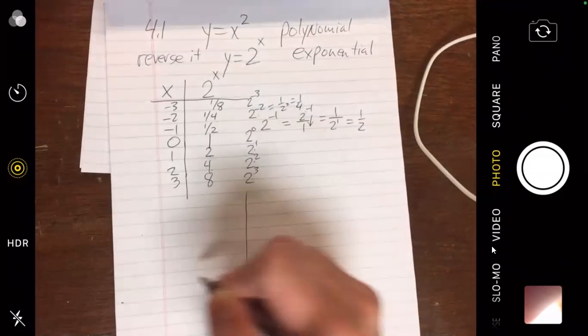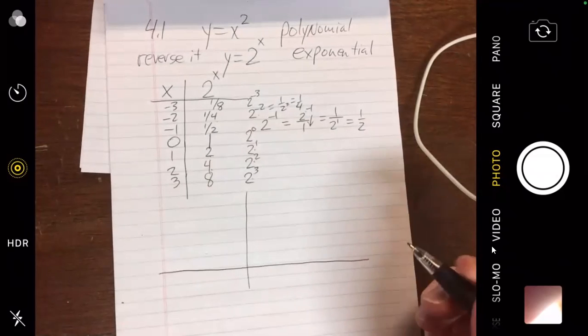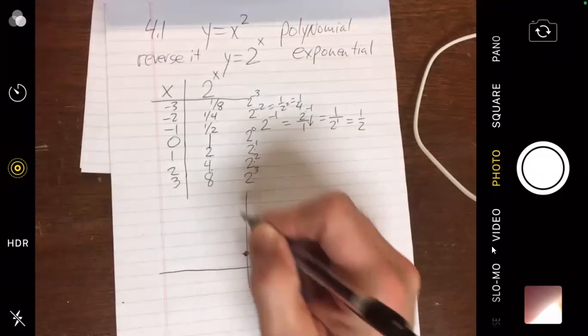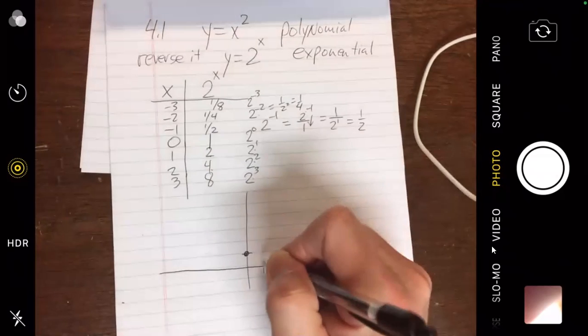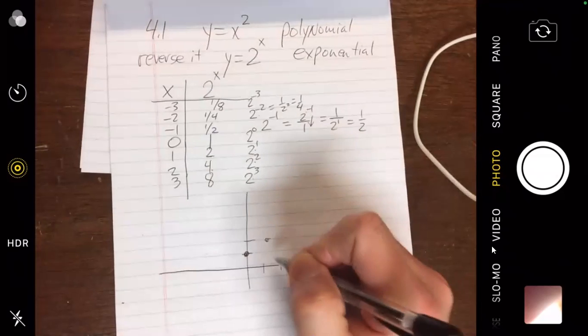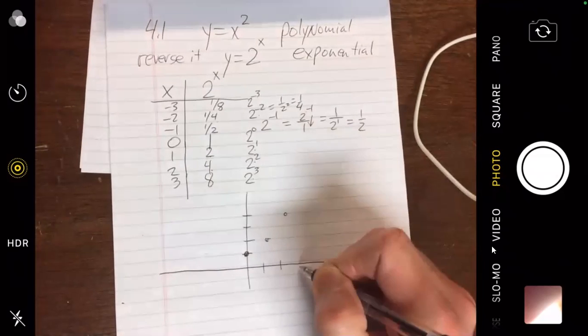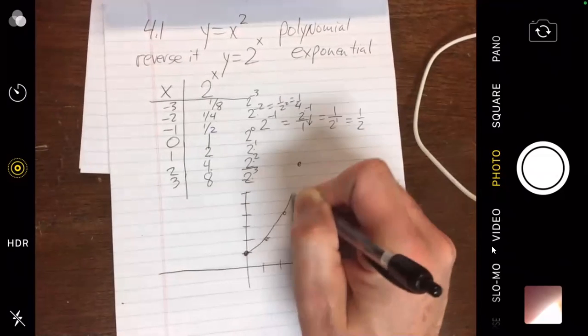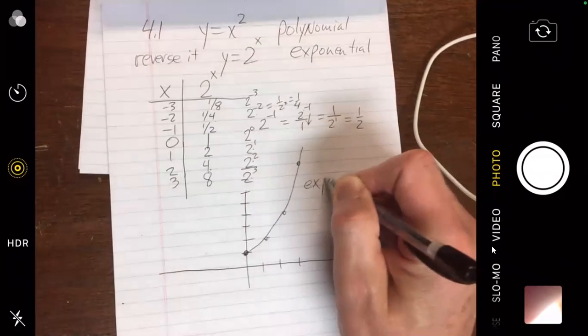Nope, all clear. Okay. So if we graph this, you can start with 0 and you get up 1. That's the y-intercept. Over 1, you're up 2. Over 2, you're up 4. Over 3, you're up 8. It's called exponential growth.